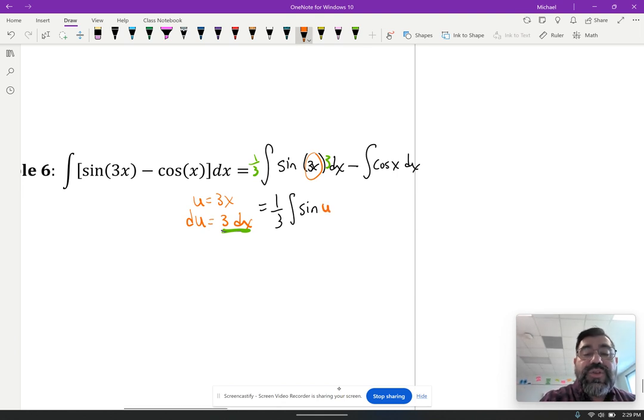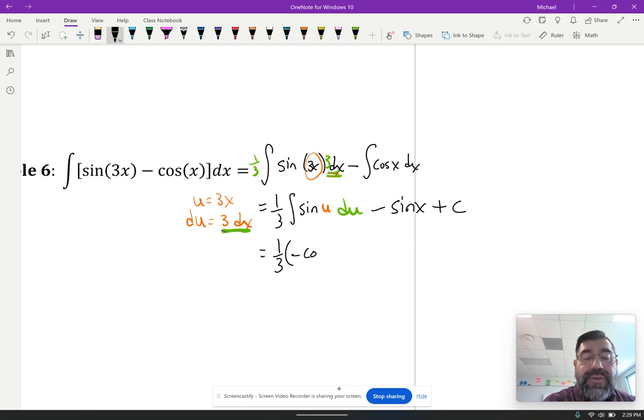And then now I do have enough information to replace this with a du. Minus the antiderivative of cosine x, which would be sine x plus c. Oh, I haven't taken the antiderivative. I need to take the antiderivative. The antiderivative of sine u would be negative cosine u. Okay, so that's 1/3 times negative cosine u minus sine.